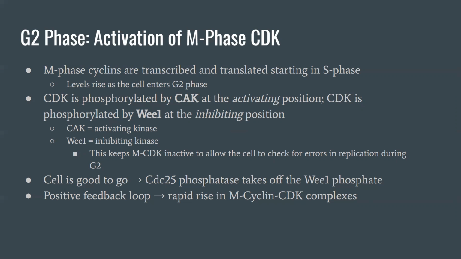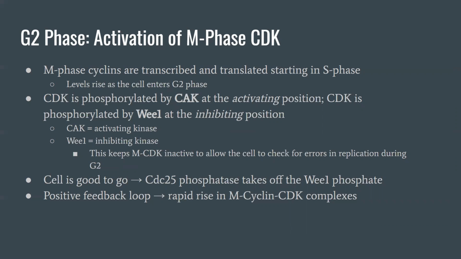The M phase CDK is phosphorylated by a kinase called CAK. CAK phosphorylates CDK at the activating position on the molecule, which I have a visual of on the next slide, so it might make more sense then. But at the same time, CDK is phosphorylated by WEE1, which is an inhibitory kinase.